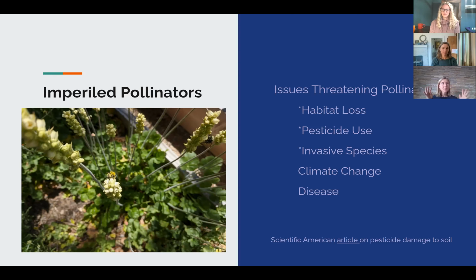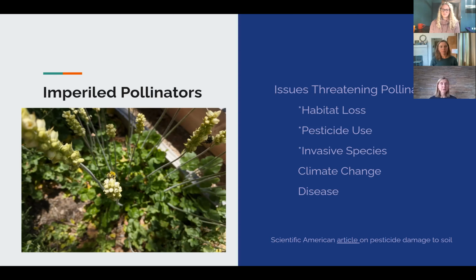And to give you some scope for that, Oregon is 63 million acres in size. So we've lost more than 2 states of Oregon just to urbanization in the past 100 years. So that has had a profound effect on insects in our country. But even worldwide, insects are on the decline by about 40%. So habitat loss is considered one of our greatest challenges when it comes to pollinators.